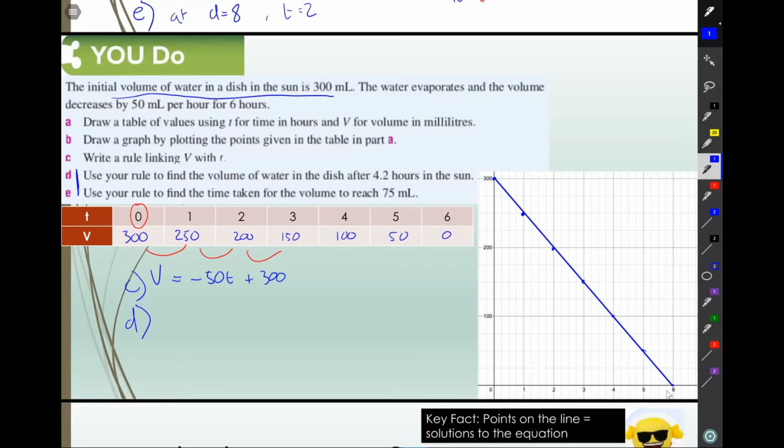Now, in part D, we can either get the answer from the graph or our rule. I'm going to show you how to do it both ways. At t equals 4.2, v equals, let's put the 4.2 in here.